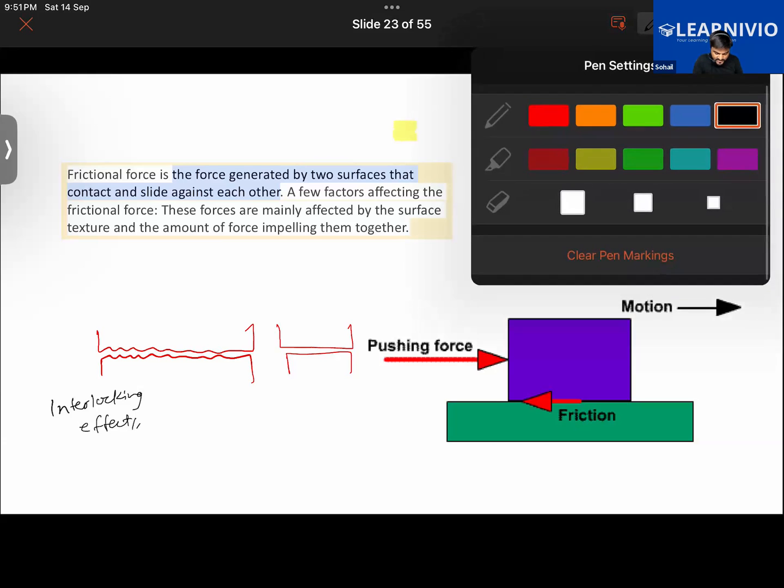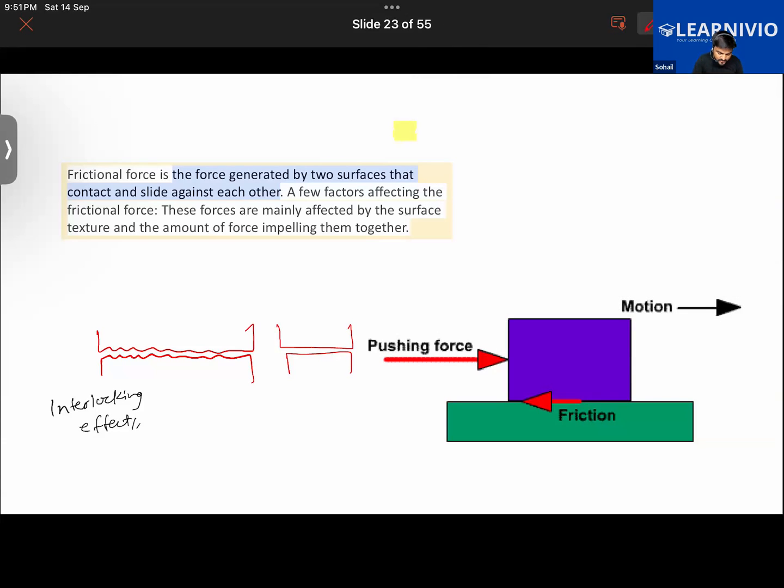Also, we know that, say that you are pushing this given object A in the right direction. Due to the irregularity between their surfaces, the friction that is applied here acts in the opposite direction. It is acting in the left direction while you are applying a force on it in the right direction.